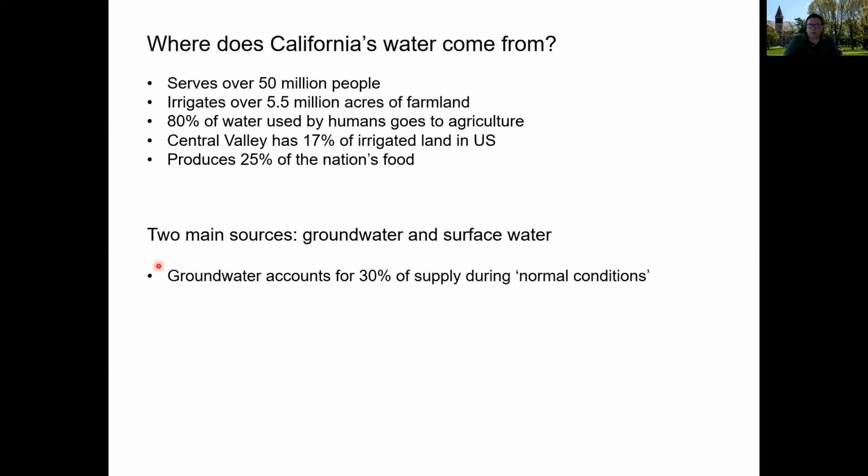Just to get you oriented here in California, groundwater accounts for about 30% of the water supply during normal conditions. Of course, just like other parts of the world, when you see prolonged periods of drought, the water tables will drop as water is being used and less water is coming in. But the effect on surface water is dramatically greater in periods of drought, where the plants want to continue to survive, so they continue their evapotranspiration processes.